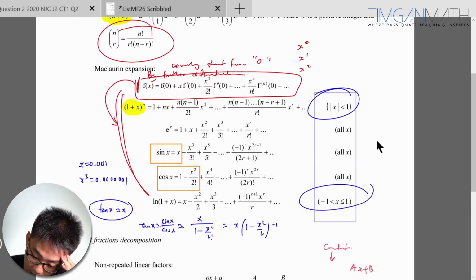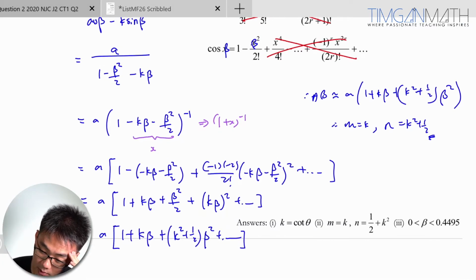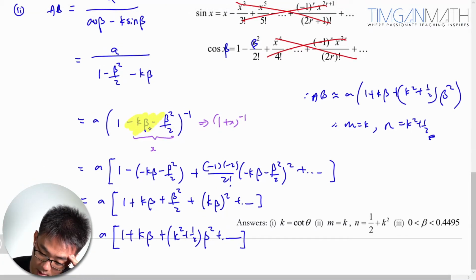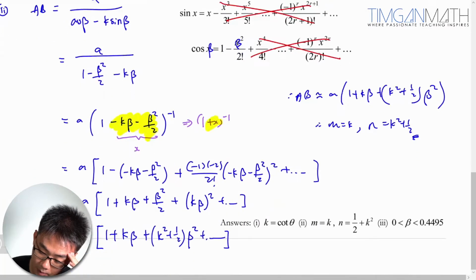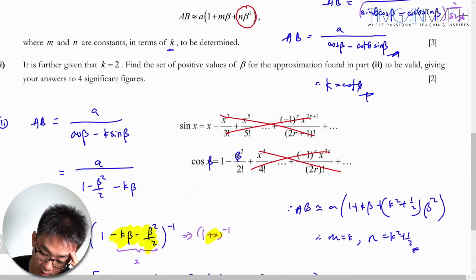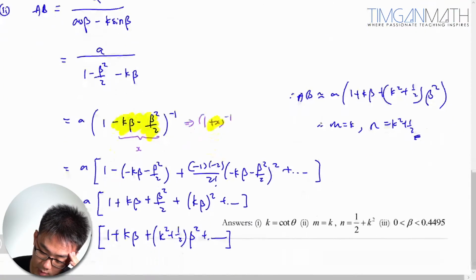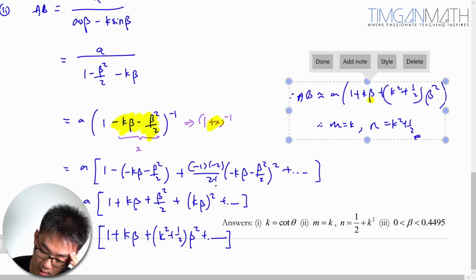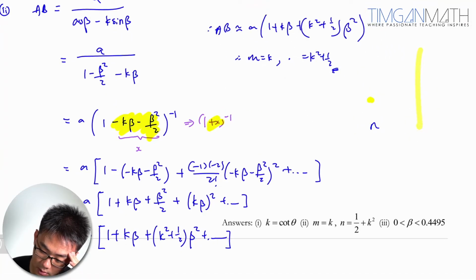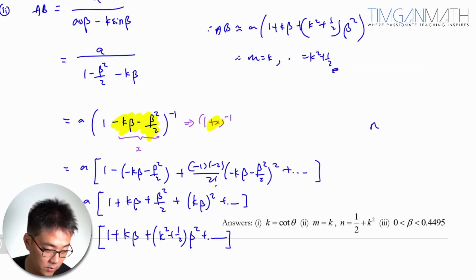What we are looking at is this one, mod x less than 1, whatever you substitute in. So in other words, you just sub in this to be your x. I'm just going to erase this, because it's a bit useless here, and copy this above so that I have more space.